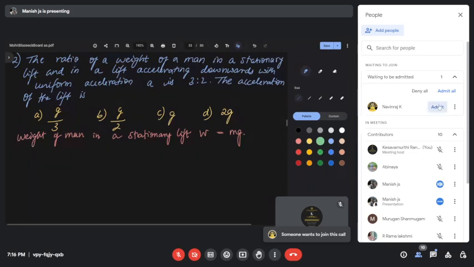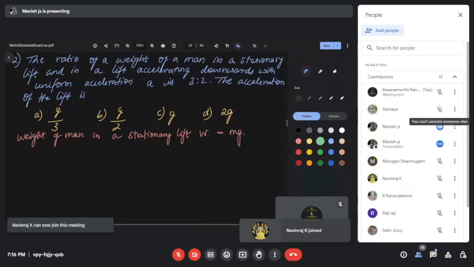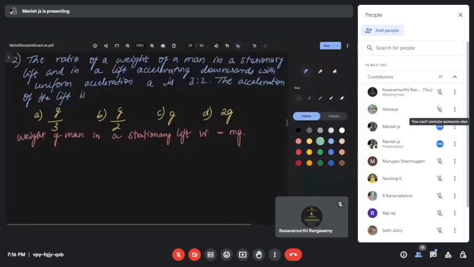Okay, so in that case, what would be the acceleration? G, sir.